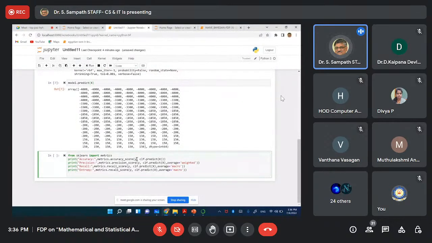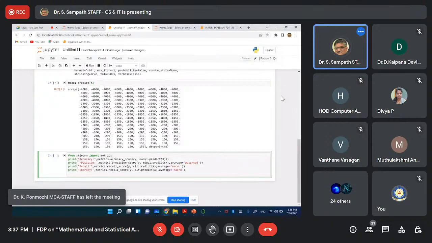Here I used y, but here I use model.predict. I think I used clf here. Let me go for model.predict. Okay, let us see what happens.